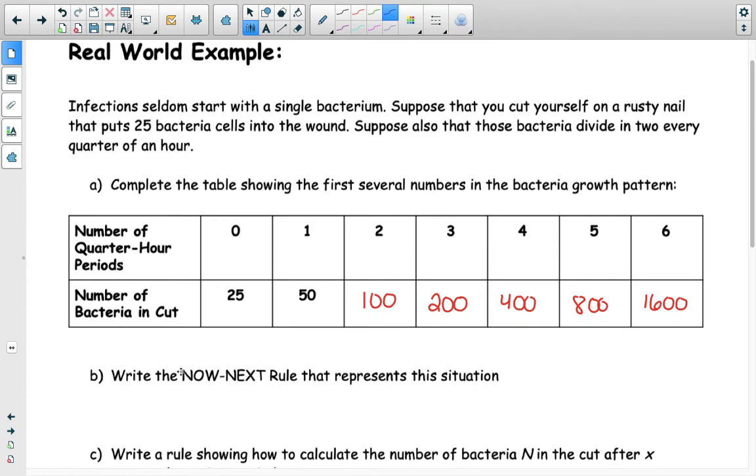So the next rule would be that the next value is equal to what we have now, that's 1,600, multiplied by 2. But we originally started at 25 bacteria.